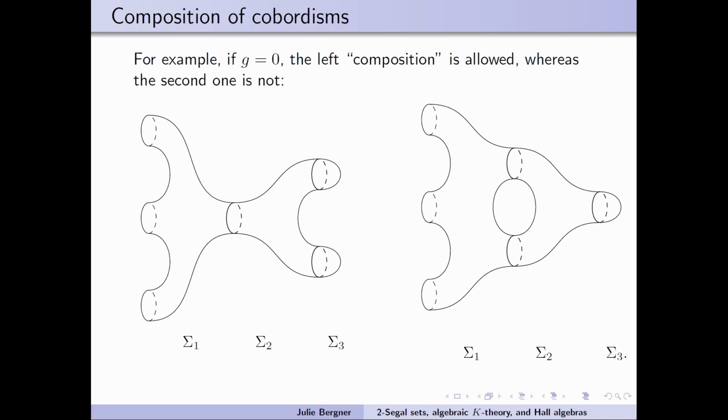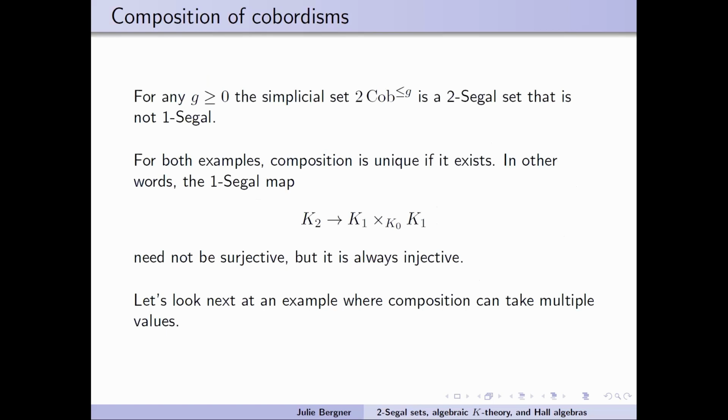Okay. But you might be a little bit unsatisfied with these examples, because in both cases, composition is unique if it exists. In our partial monoid, we can't compose any two elements, but if we do, there's one answer. Same with the gluing. I can either glue the cobordisms or I can't, but there's no way to say there are two different ways to do it.